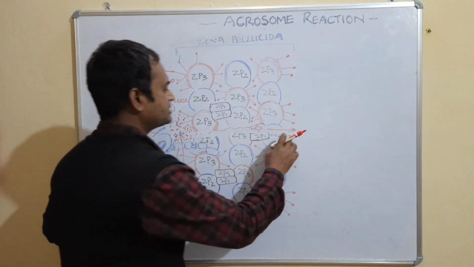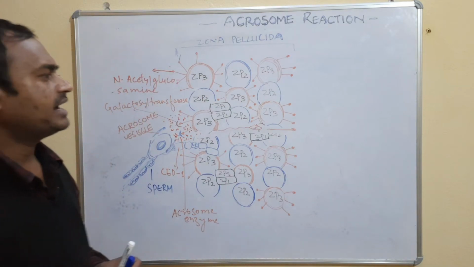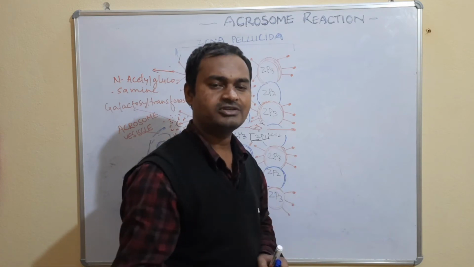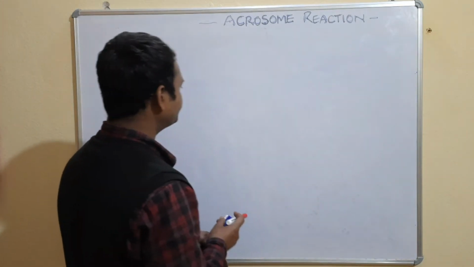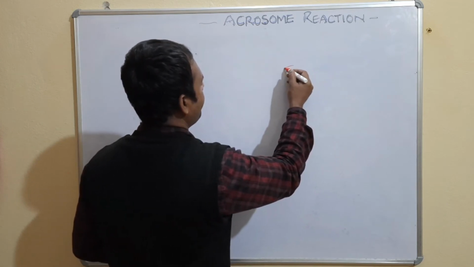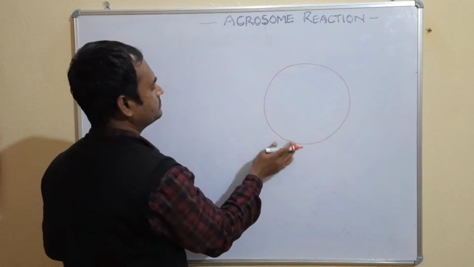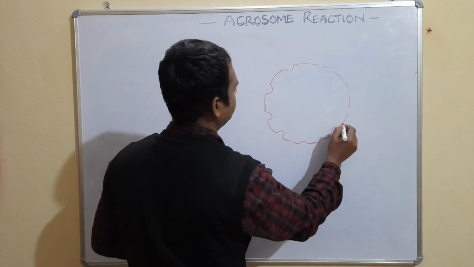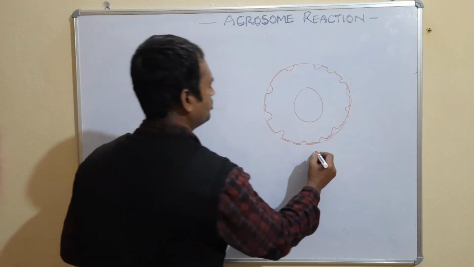Okay, so let us understand the another part, and that is called the fusion of the sperm on the surface of the egg cell membrane. So suppose this is the egg, an ovum.